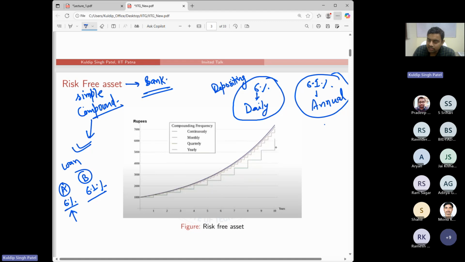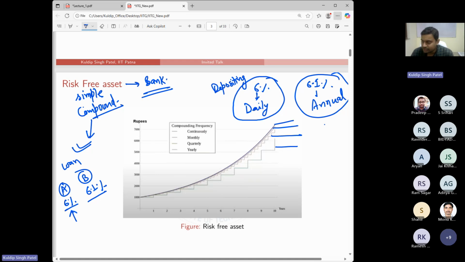So this is suppose yearly compounding, this is quarterly, this is monthly, and this is continuously. Continuously compounding means it is compounding every instant. Of course it's a concept you may not be very comfortable with, but it's okay. But at least we know very clearly that if the frequency is high, we are going to get more amount.